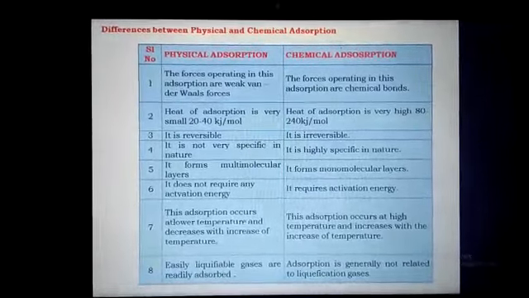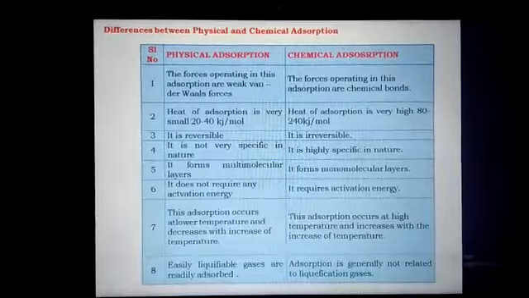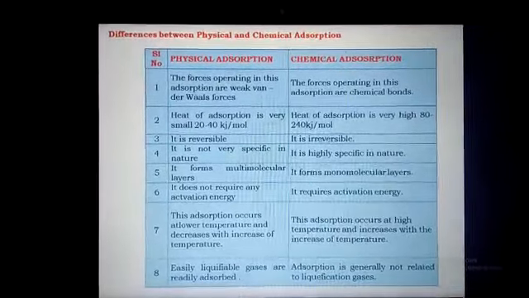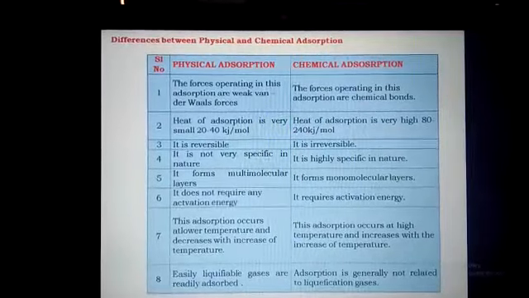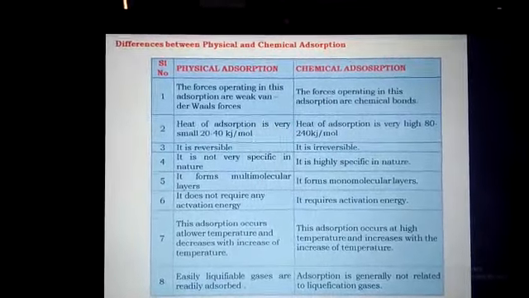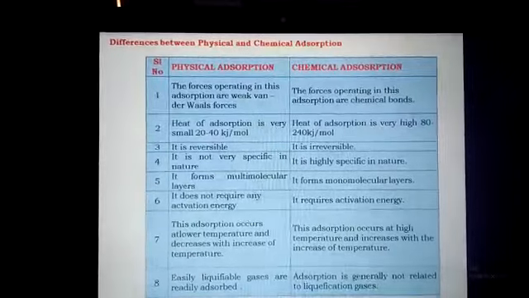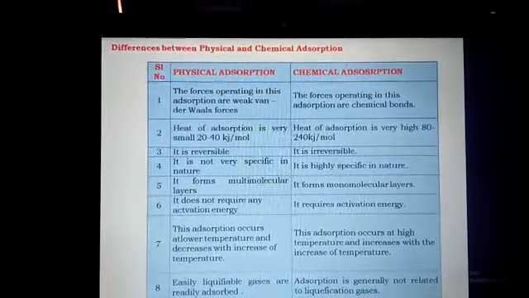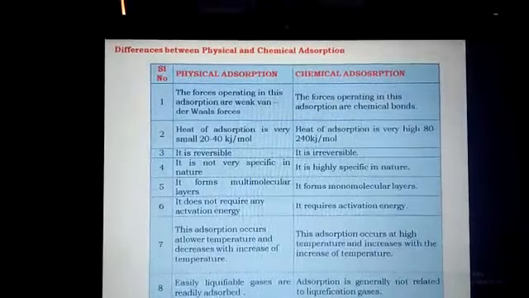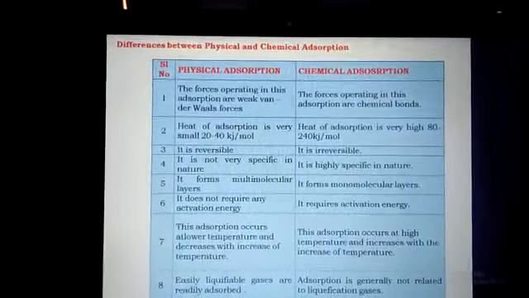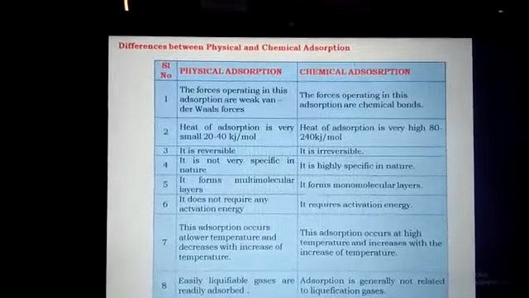Okay, let us go with one. Here we have 8 differences. Let us see them one by one. In physical adsorption, the force operating is weak van der Waals force of attraction. In chemical adsorption, the force operating is a chemical bond. Don't forget this.